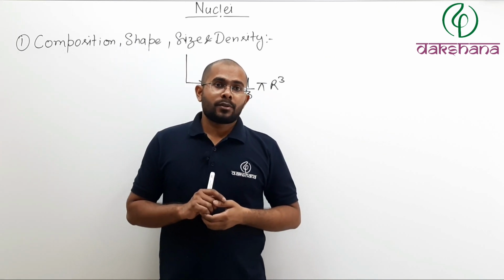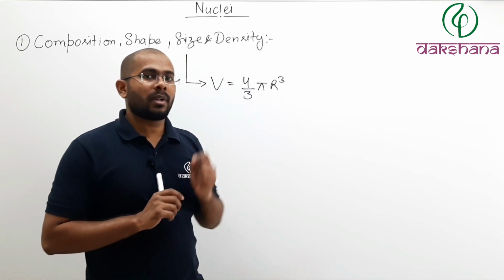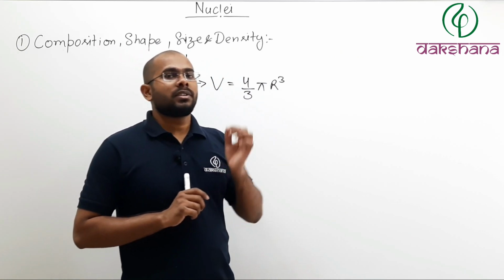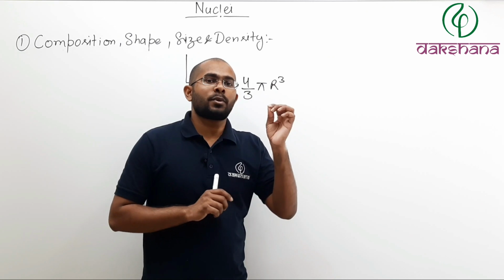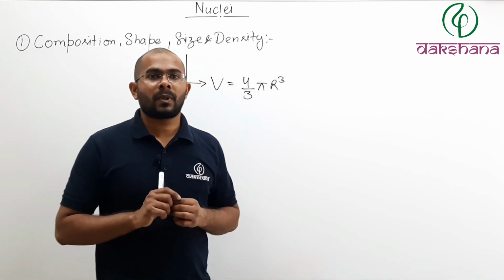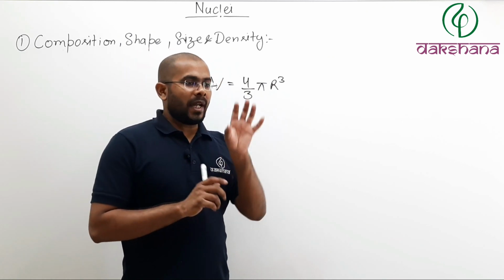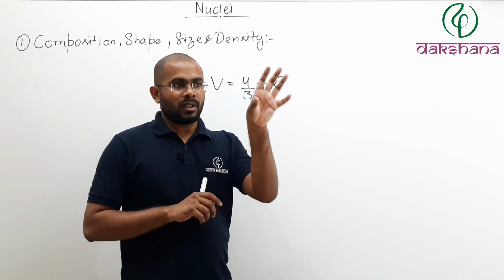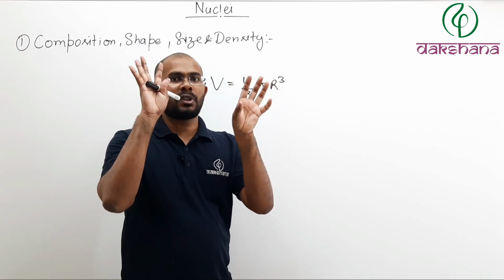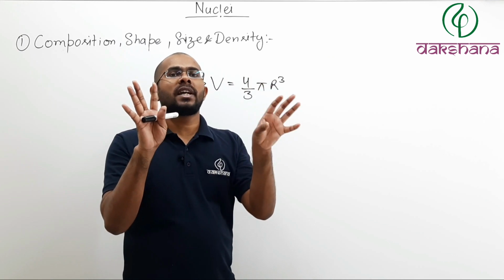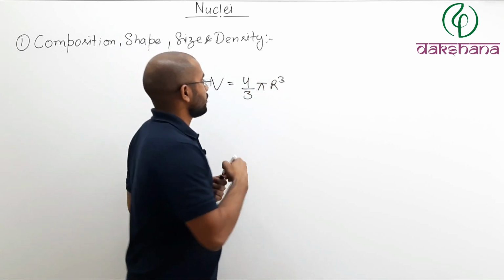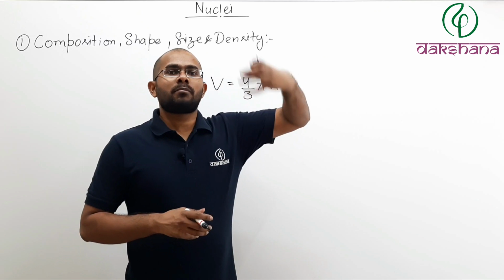Now, how do we know? Remember, we talked about the nucleus being made up of protons plus neutrons. If I add the number of protons plus the number of neutrons, that is known as the mass number.